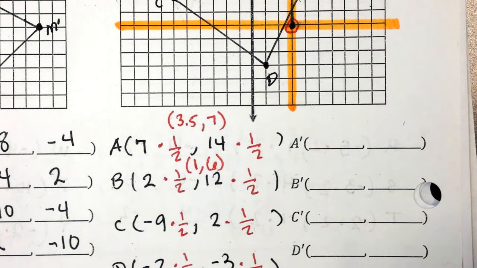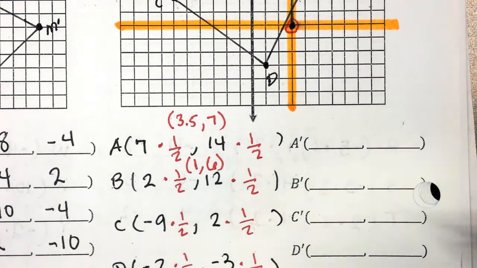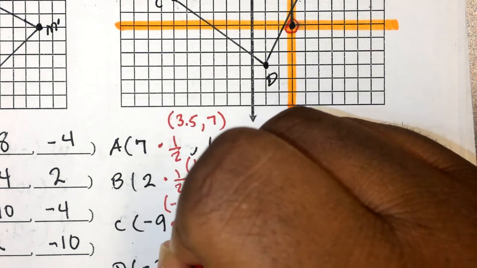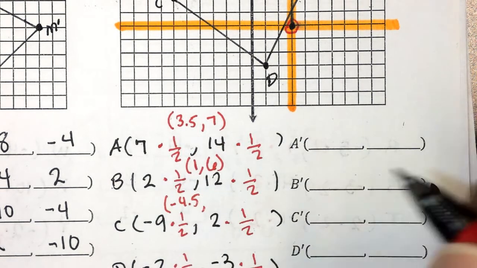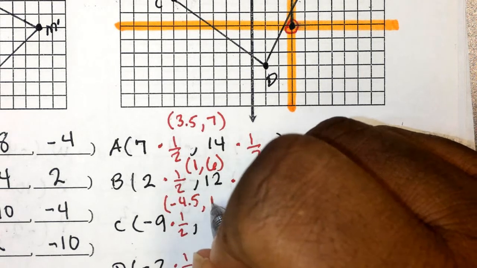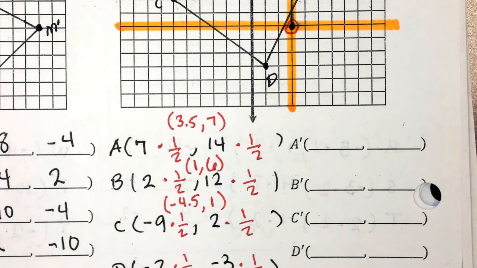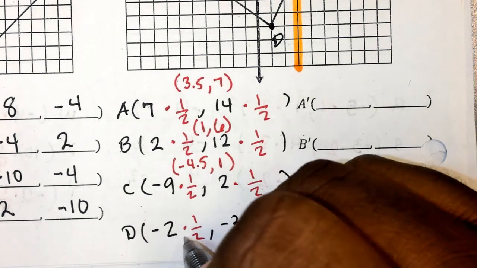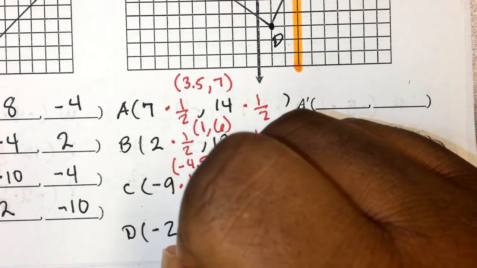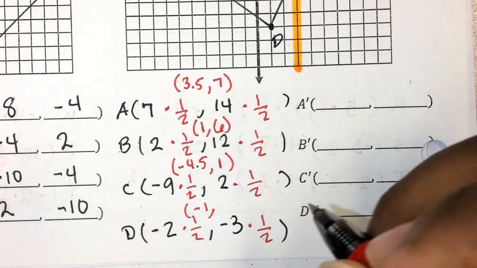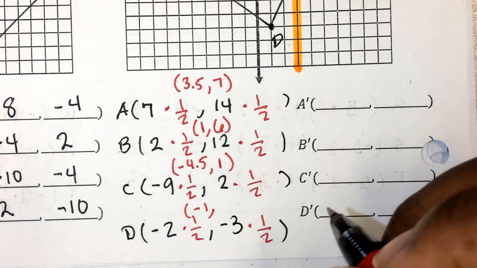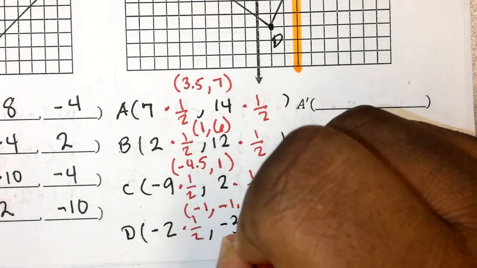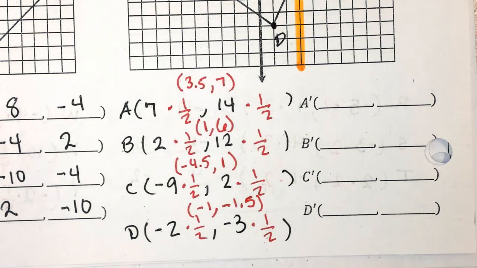The next one, negative 9 times 1 divided by 2, that's negative 4.5. 2 times 1 divided by 2 is 1. And then our last one, negative 2 times 1 divided by 2 is negative 1. And then negative 3 times 1 divided by 2, you're going to get negative 1.5. If you don't believe me, put it in the calculator.